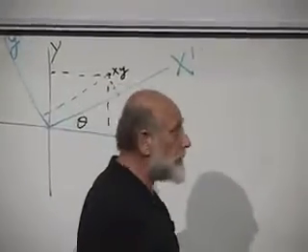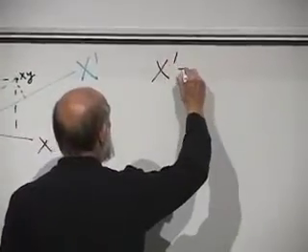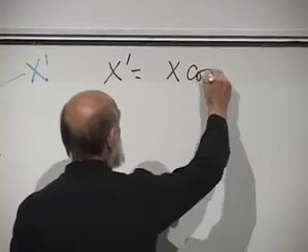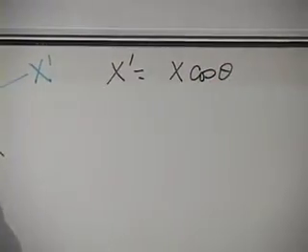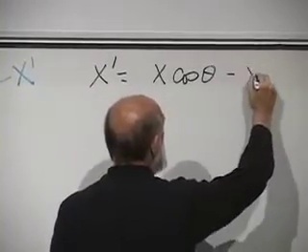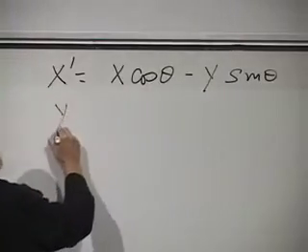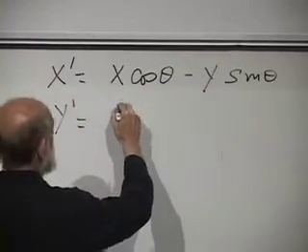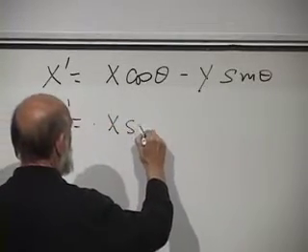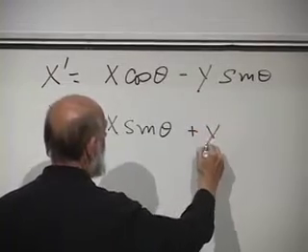We've used it in these classes many times. I'll just remind you what it is. x prime is equal to x times cosine of the angle between the two coordinate systems, minus y times sine of the angle. And y prime is equal to minus, plus, I think, x sine theta plus y cosine theta.